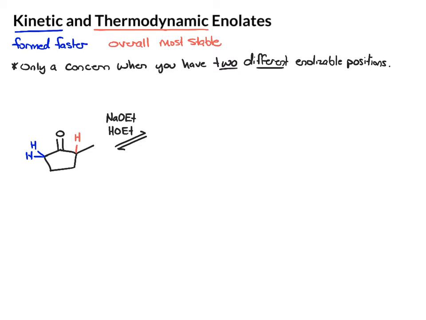That's not a super strong base, so this is an equilibrium process, and we do this at room temperature. When you use that as a base, we're going to form the enolate on the side of the red proton. And this is called the thermodynamic enolate.